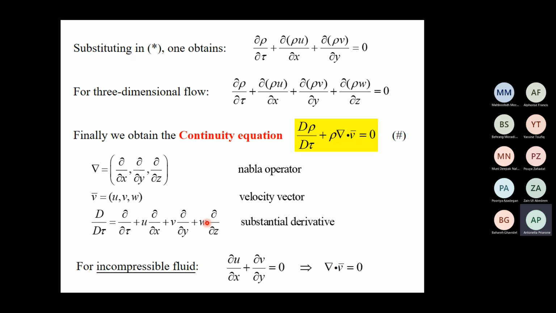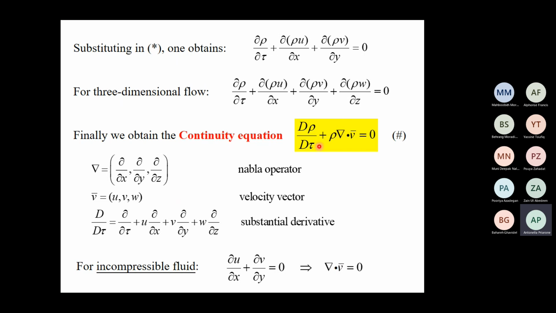And you can simply write substantial derivative, capital D rho over capital D tau, that means the summation of all the contributions here written, plus something that comes from the scalar product between the vector nabla, which is simply the derivative in x, second element derivative in y, third element derivative in z, and the velocity vector.